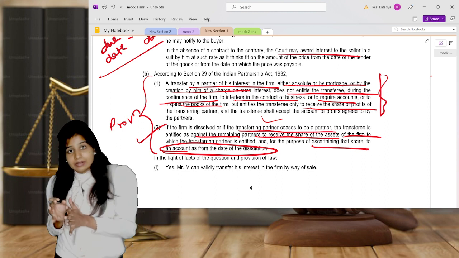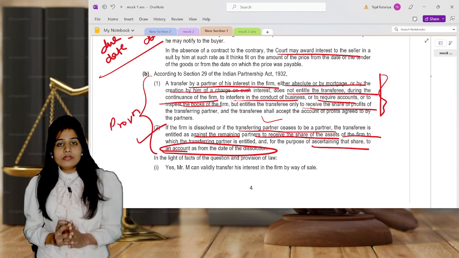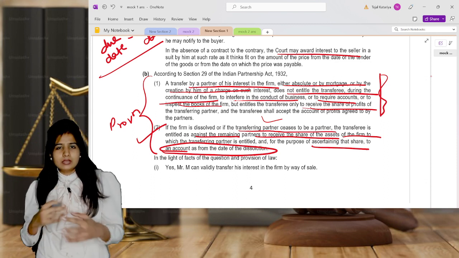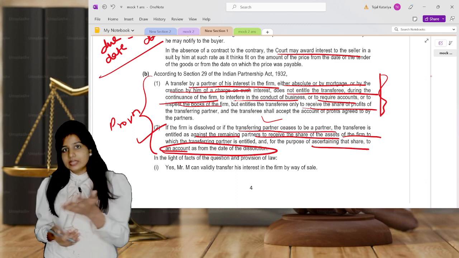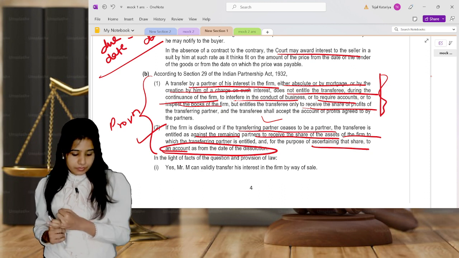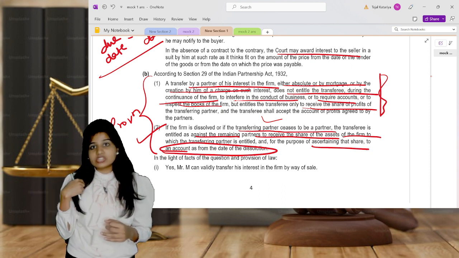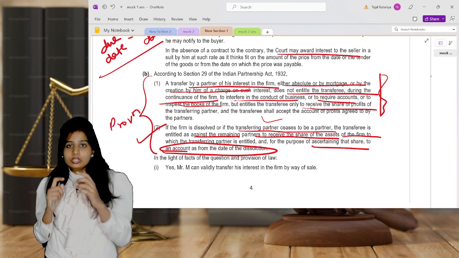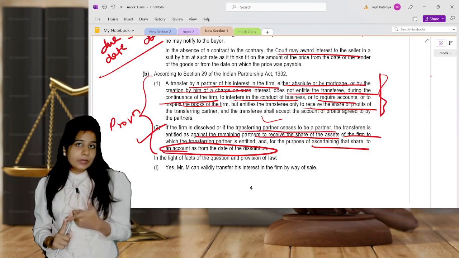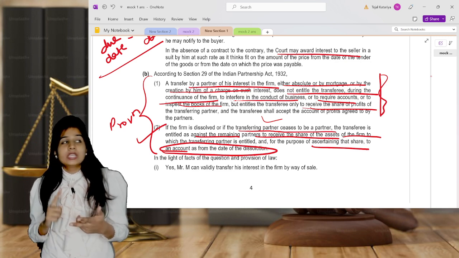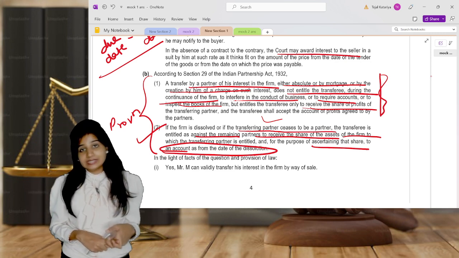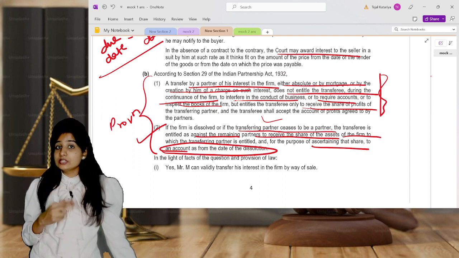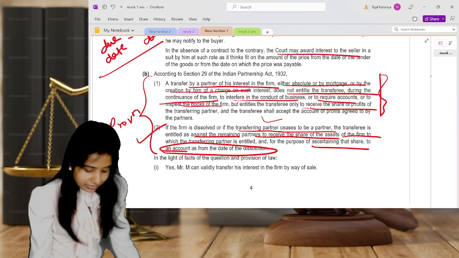So only in the situation where the transferor is going to cease to be a partner or the firm is dissolved, the transferee gets the right to inspect the books of accounts to check whether he is getting the right share of assets or not. So these are the two situations. In the original situation he cannot. In the second situation, in case of dissolution, yes, he can.